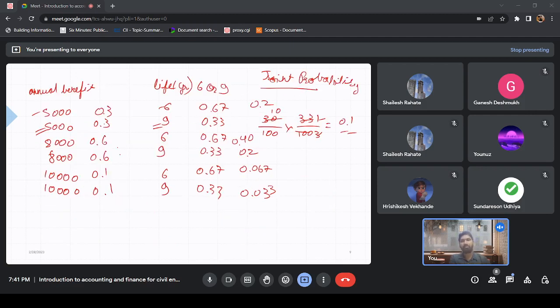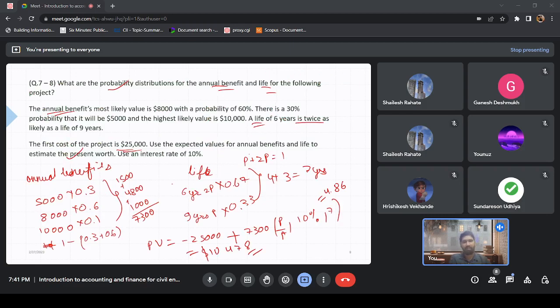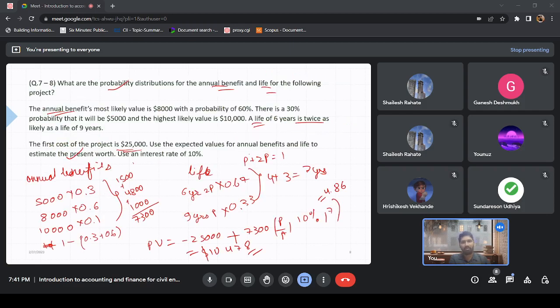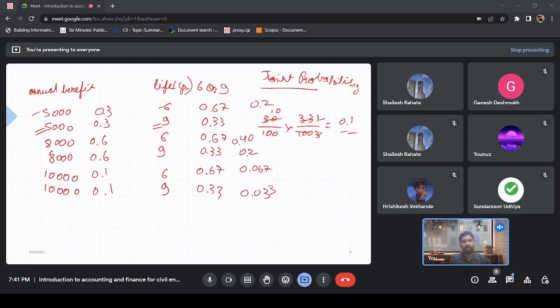As they are not mutually exclusive, they can happen together, so you have six cases, not three separate and two separate. For that, you can calculate the joint probability. Similarly, we calculate the NPV, the expected value, for each and every case.